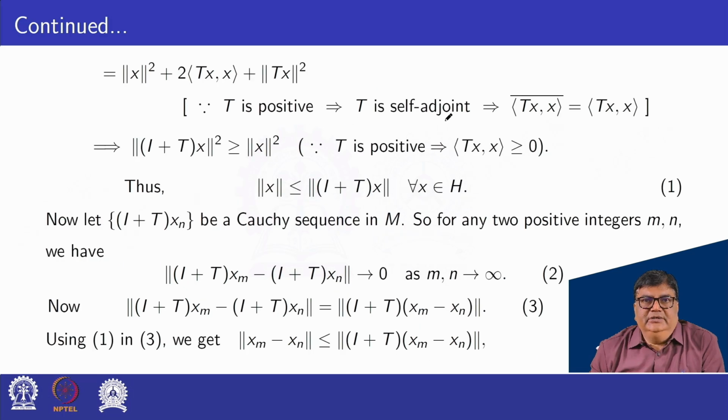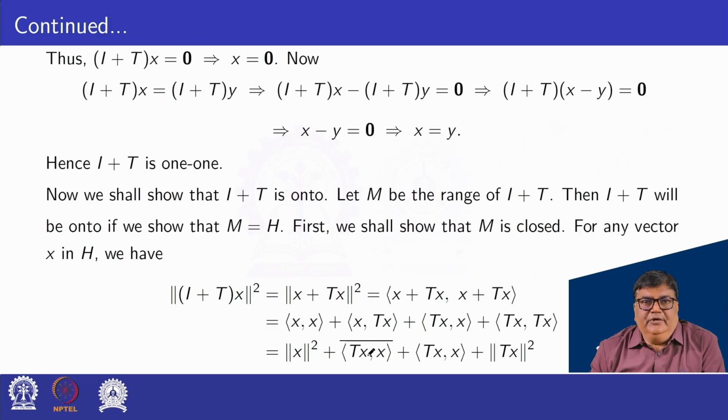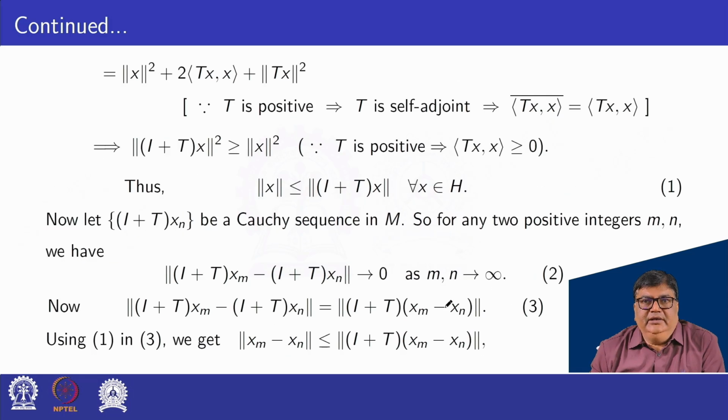That is, T is self-adjoint. We know that the conjugate of the inner product of Tx, x is equal to the inner product of Tx, x. Here positive means real.